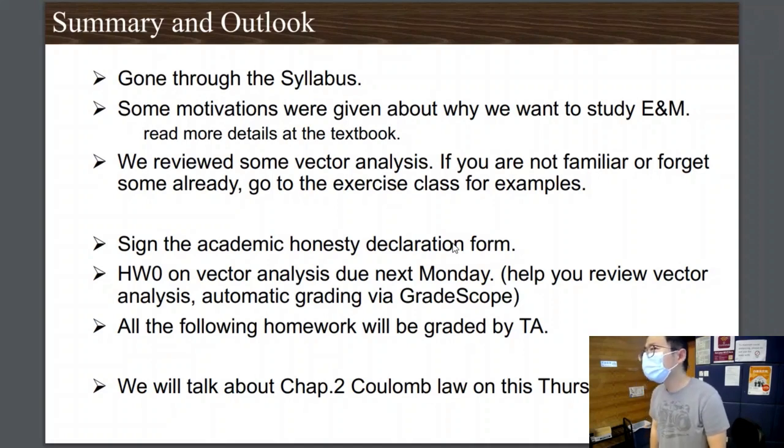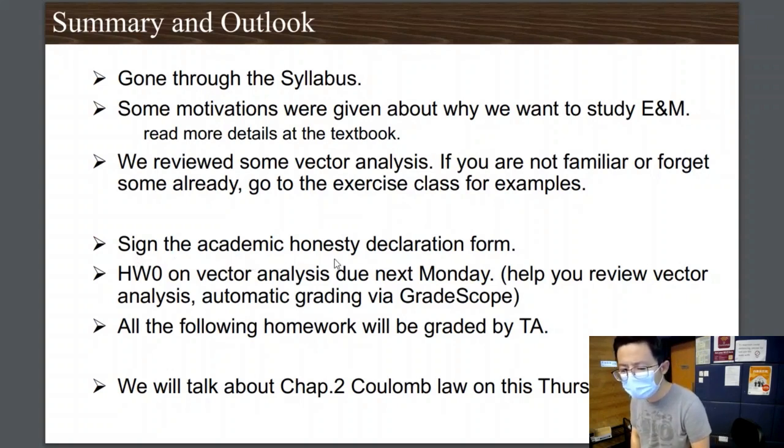And there are 2 things that you need to do in the coming weeks. This is very important, okay? This is about the homeworks. First, remember to sign your academic honesty declaration form and return it to me as soon as possible.